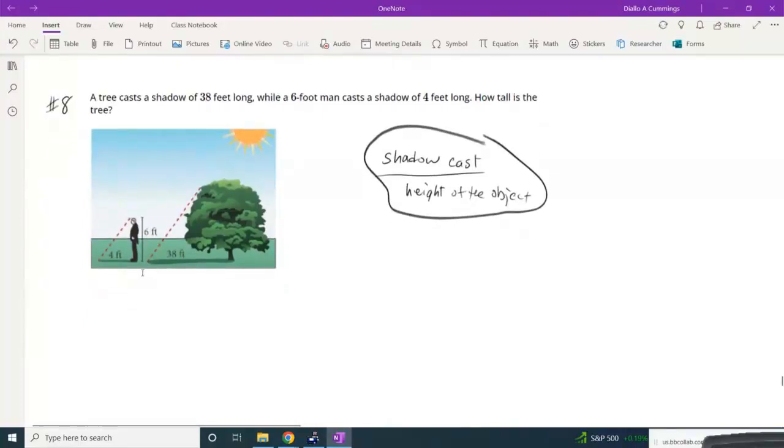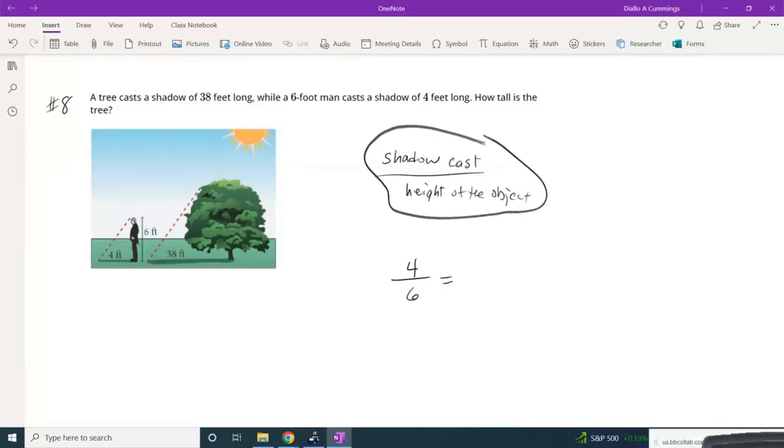So when I set up my proportion, if we look at the gentleman here, the shadow that he casts is 4 feet, and his height is 6 feet. So that's my first fraction, 4 over 6.